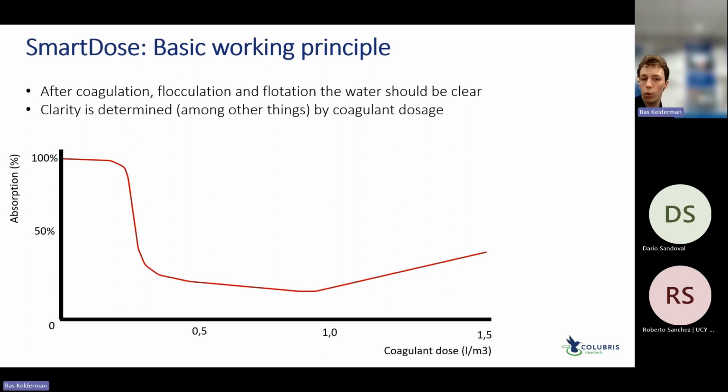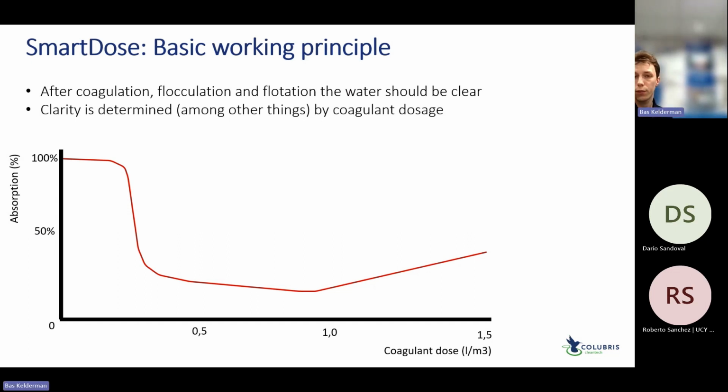Then from there on, there will be some stretch where adding a little bit more coagulant will lead to slightly clearer water still, which is still increasing the efficiency of your treatment plant, but at this point, it's not really interesting to add that much coagulant anymore, because you need to add a lot of coagulant for relatively little gain. It's basically the law of diminishing returns.